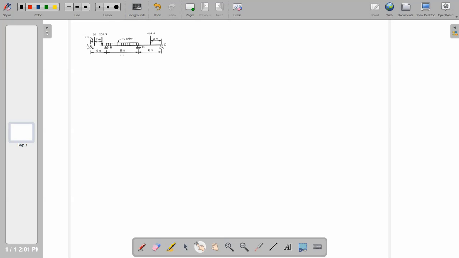Last time, you all remember, we solved this problem that you see here by using the method of three moments. So I think you may all recollect what we do there. Basically, in the method of three moments, we assume that the beam has a break at every support.